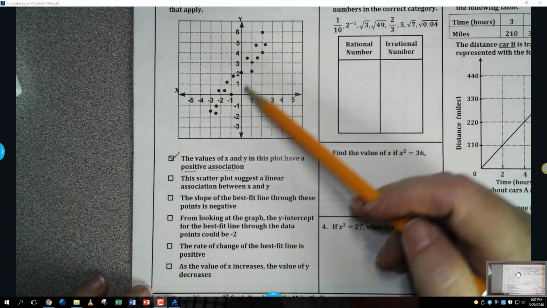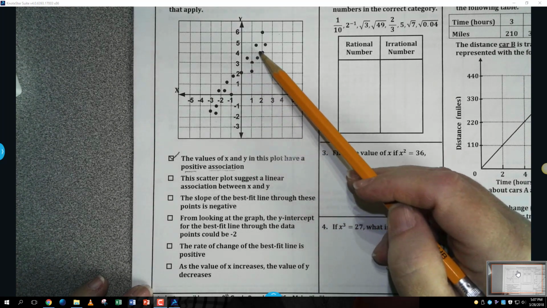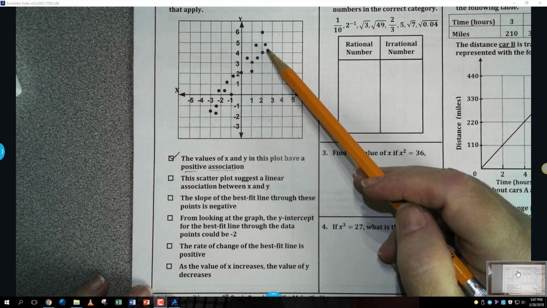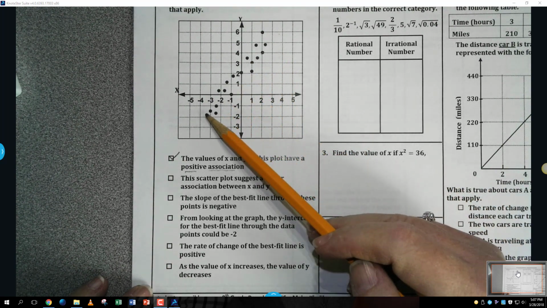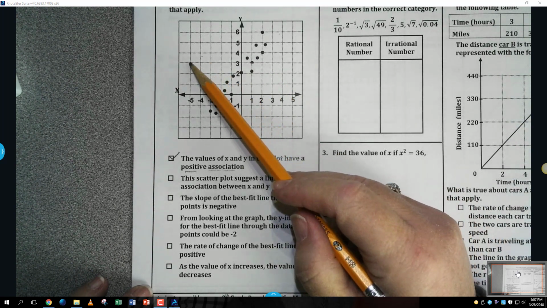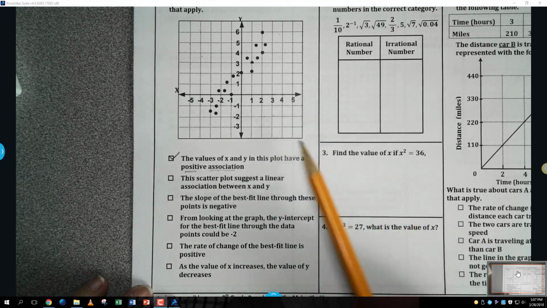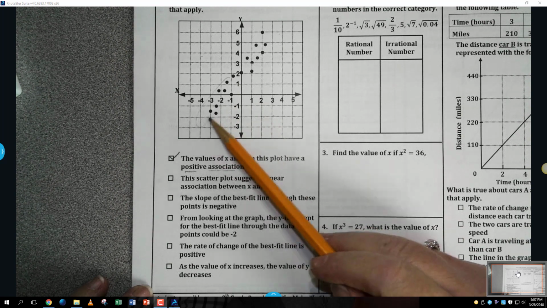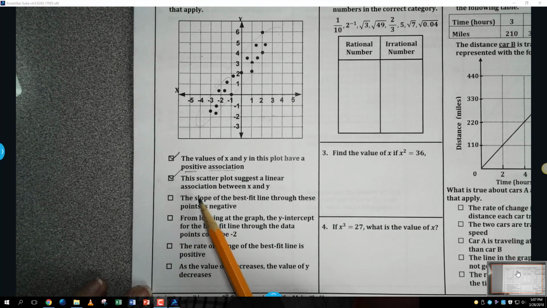If the data points are kind of hanging together, then it is going to be linear. For example, if we had another one here and here and here, and they're all over the place, then that would not be linear. But notice they're all grouped together right here. So that is yes.